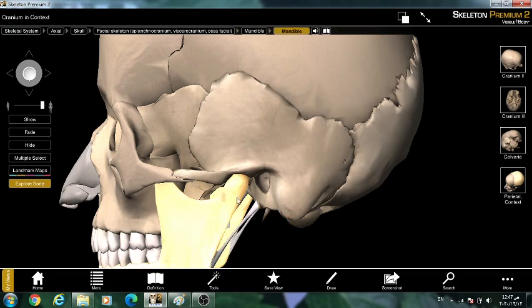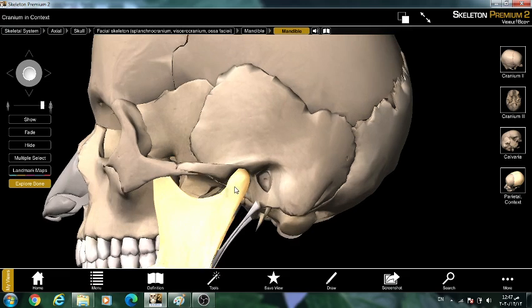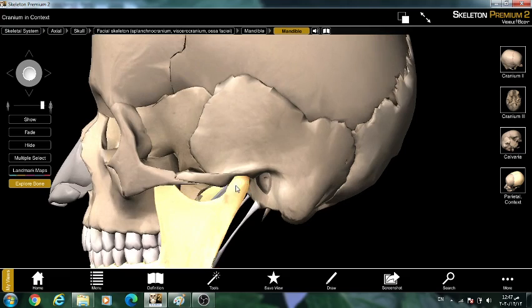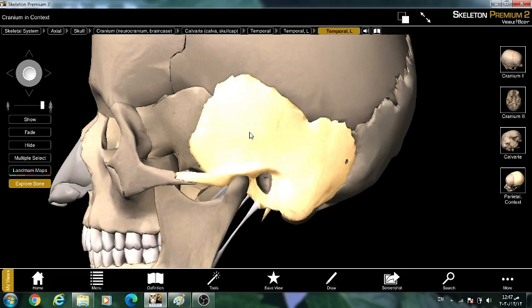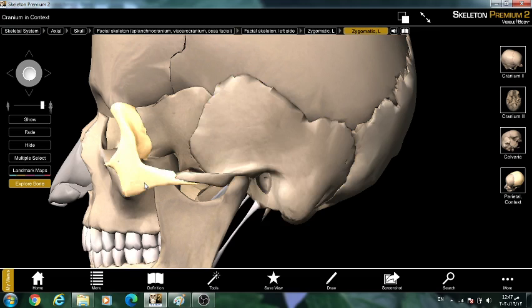Then for example, the condylar process of the mandible, of course, articulates with the condylar fossa, forming a joint here. I think its name is temporomandibular joint. It's very difficult to pronounce it.